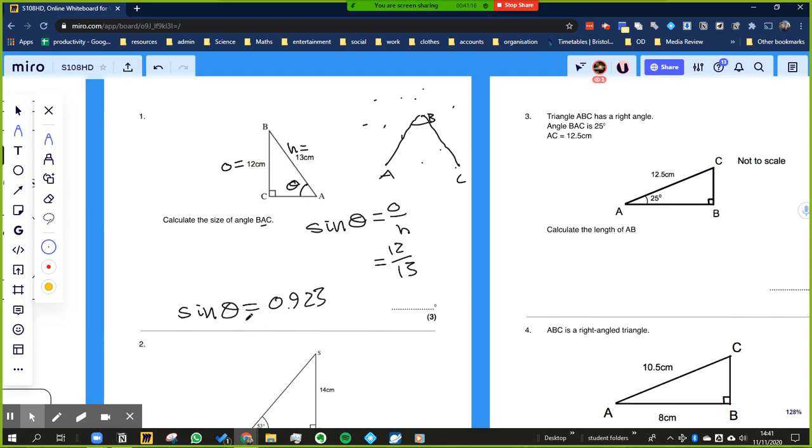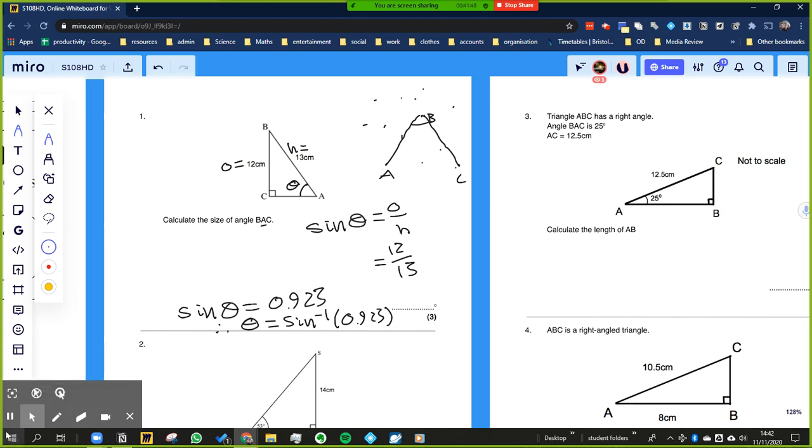The way that you do inverse functions, and this comes up in a functions topic as well, we say therefore theta is equal to sine to the minus 1. And this does not mean powers. This looks like powers, it's not powers. It means an inverse function. Essentially, you're undoing the sine. So we're going to do the inverse sine of 0.923.